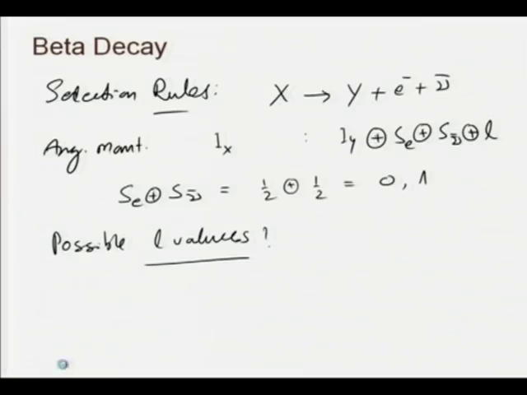So, to get an idea of what kind of L values are allowed or possible, let us consider some kind of a semi classical picture, where we consider the nucleus as some kind of a spherical ball, and let us consider the case if the electron is originating at the center of this and moving directly along the radius, then it does not have any angular momentum L, because L is r cross p in the coordinate system.